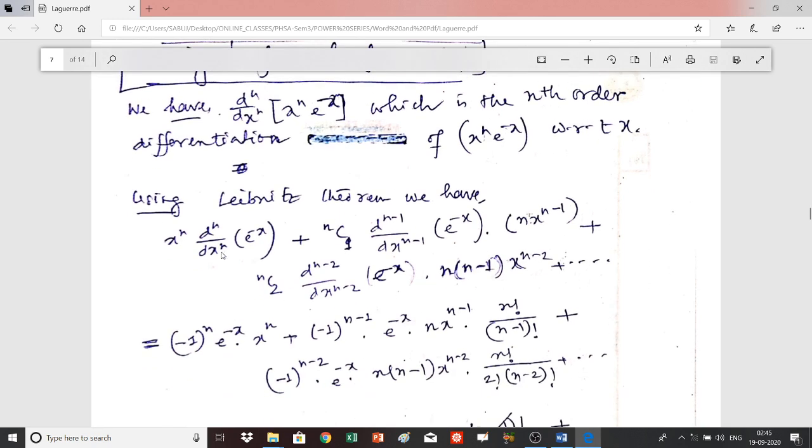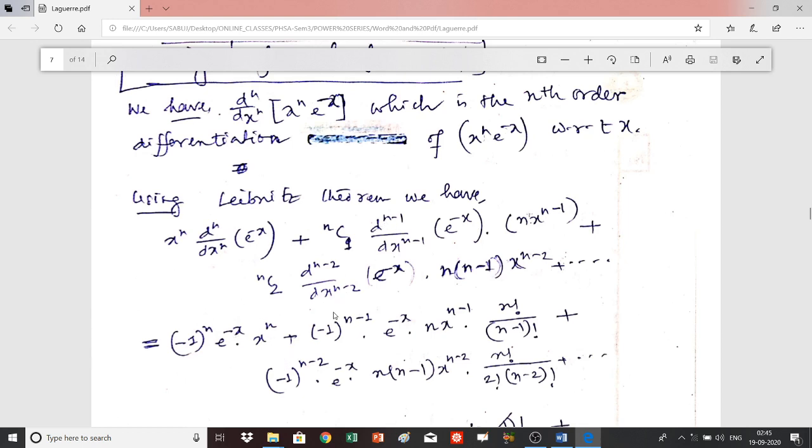And from here you can write that since differentiation is done n times, for each time of differentiation there will be a minus 1 from here. So for the nth differentiation there will be n times minus 1. So this will give you (-1)^n e to the power minus x, and x to the power n is here.